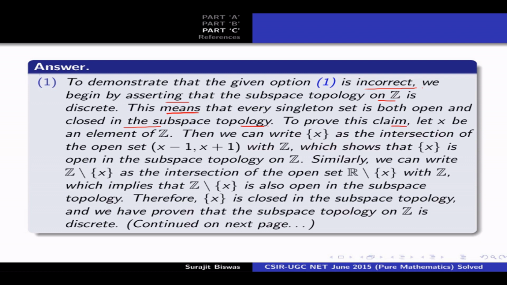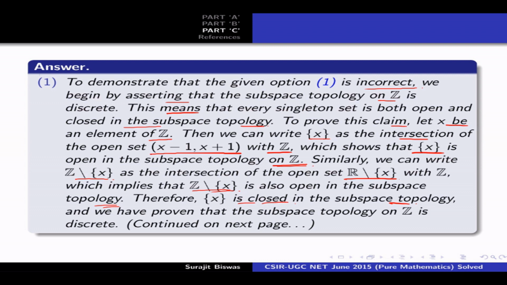To prove this claim, let x be an element of Z. Then we can write {x} as the intersection of the open set (x minus 1, x plus 1) with Z, which shows that the singleton {x} is open in the subspace topology on Z. Similarly, we can write Z minus {x} as the intersection of the open set R minus {x} with Z, which implies that Z minus {x} is also open in the subspace topology. Therefore {x} is closed in the subspace topology, and we have proven that the subspace topology on Z is discrete.